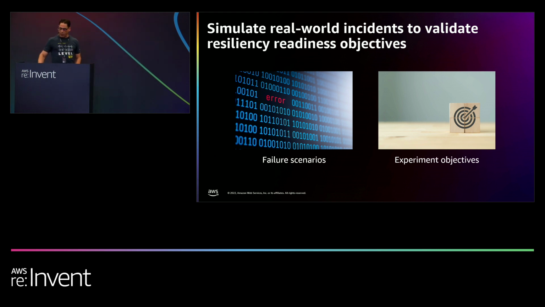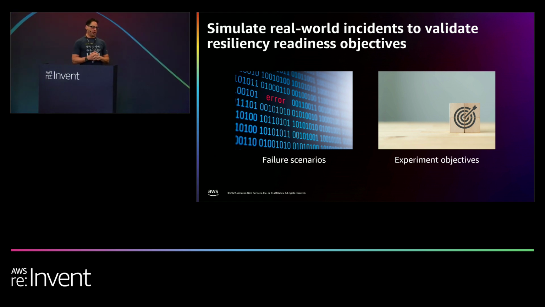The types of failures that we look at are resource failures. That's a very common thing at AWS. Resource exhaustion, CPU utilization spikes, memory and I/O exhaustion, network outages, and then the more difficult thing to deal with is network degradation.